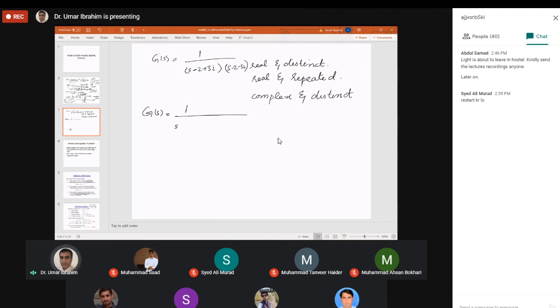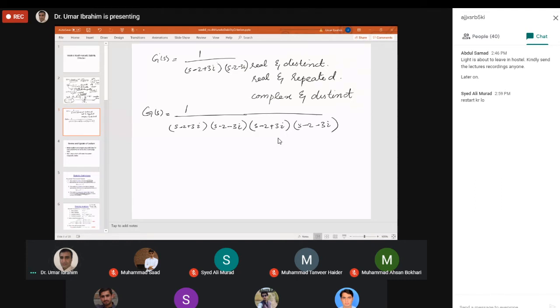So let's suppose I have S minus 2 plus 3 iota into S minus 2 minus 3 iota, and again S minus 2 plus 3 iota and S minus 2 minus 3 iota.